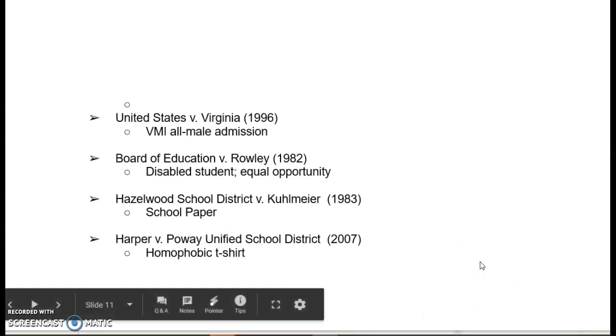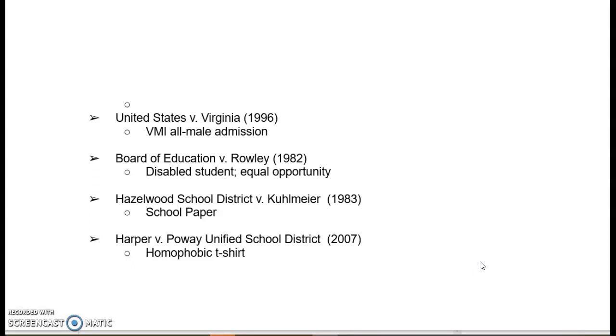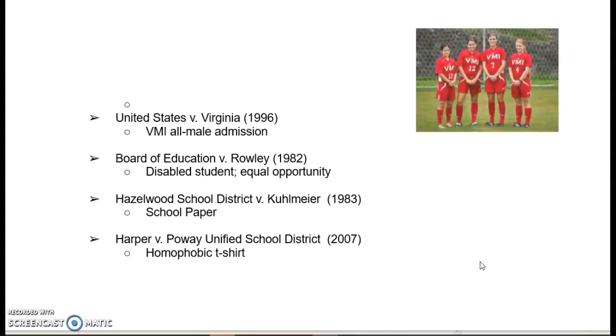Oh, a couple more. VMI was a military school that received a lot of federal funding, and in 1996 it was integrated, and women were able to attend VMI. If the federal government is funding it, then they need to let women in.